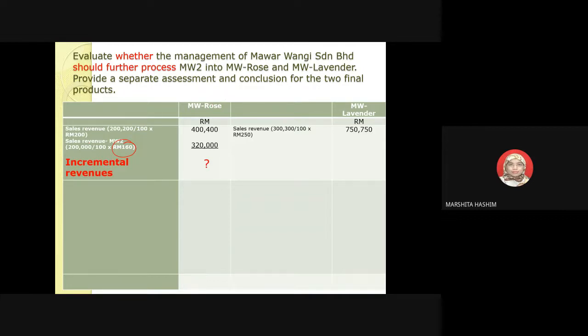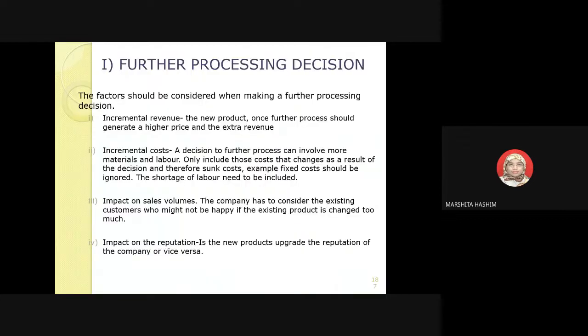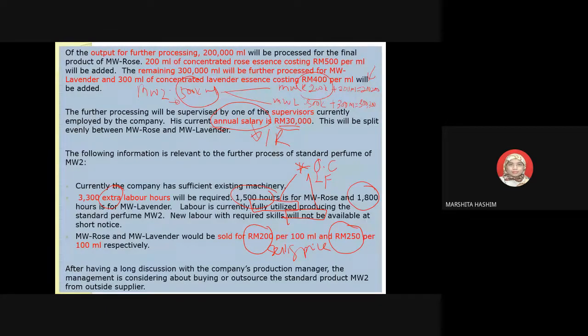Remember the diagram just now that I drew? This is your MW2, right? 200,000 ml for MW Rose, Lavender 300,000. So if you further process, you cannot sell your MW2 at current state. So you cannot generate revenue.